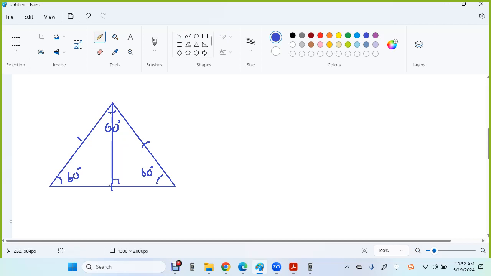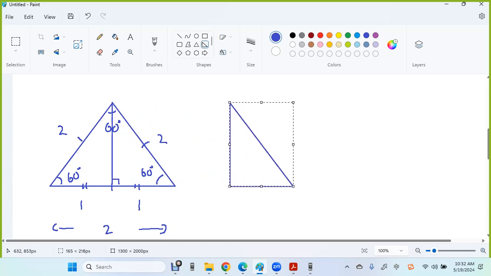Then it will be perpendicular. These two are the same. If I let this one be 1, then this will be 0.5. It's difficult, so I just let it be 1, 1, then the whole thing will be 2, and this is 2. So the right angle triangle here will look like this.